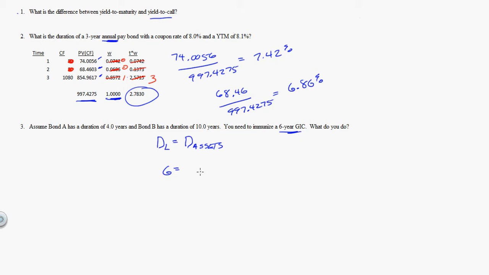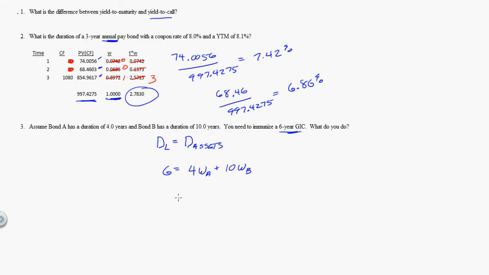So the GIC has a 6-year duration. The amount I put in bond A, 4-year duration times the weight I put in bond A, plus 10-year duration times the weight I put in bond B. So the duration of a portfolio is the weighted average of the duration of the assets inside the portfolio.